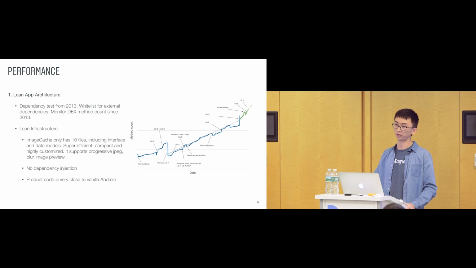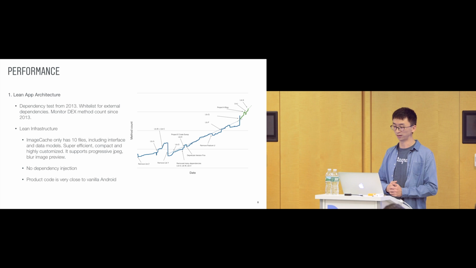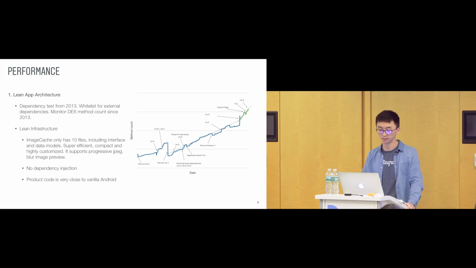From there, we analyze what the trajectory looks like and what mitigation strategy we should use. It's better if you do this exercise before your app actually passes the threshold. The reason we are able to keep the app under a single DEX is because we have been doing this exercise for years. We started doing this in 2013.